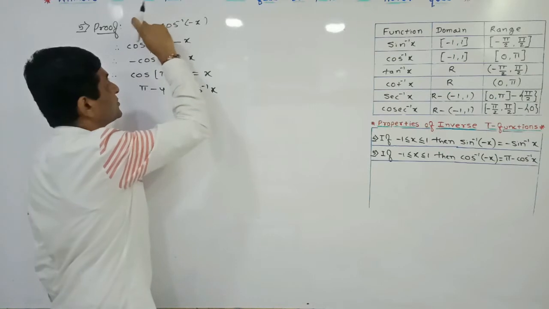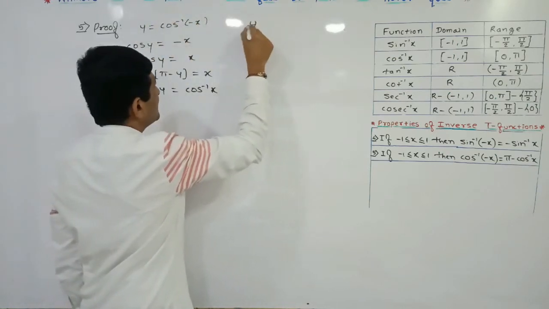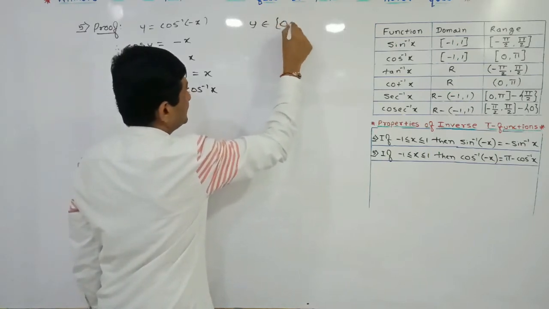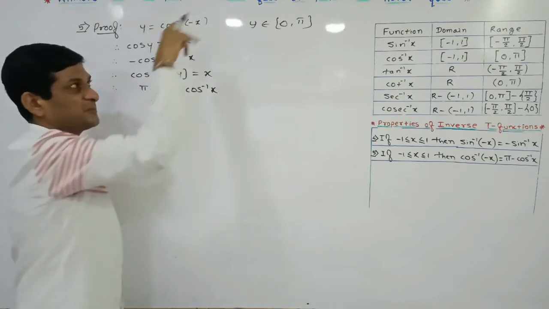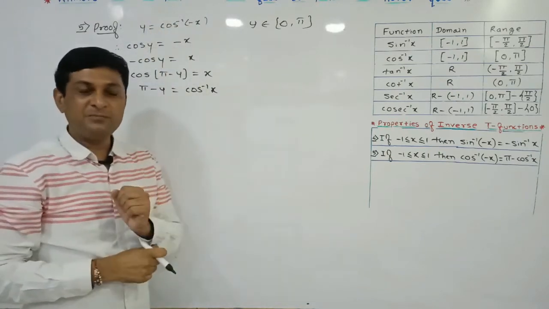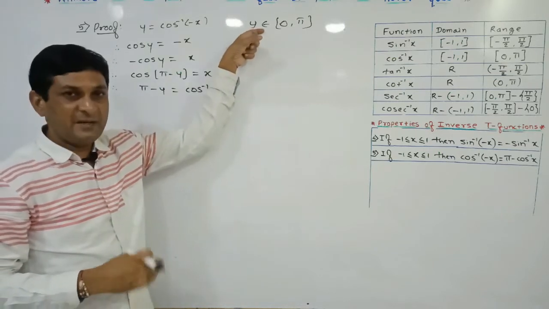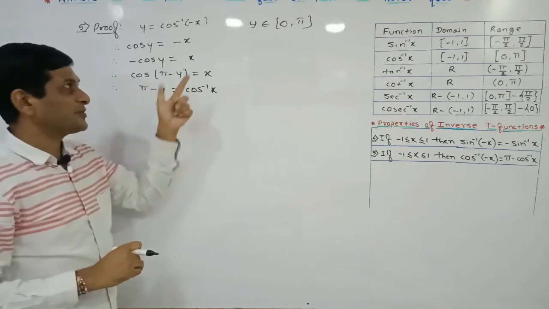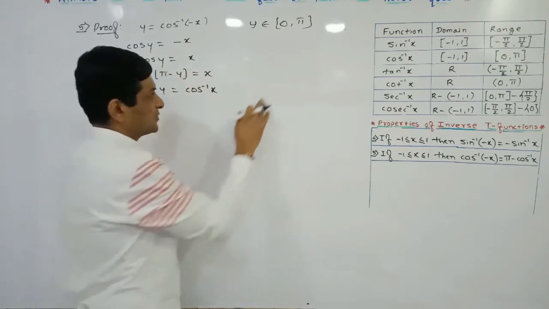According to our supposition, y is a value of cos inverse, which implies that y belongs to the interval 0 to pi. Now this condition is available with us, using which we have to check whether pi minus y belongs to the interval 0 to pi or not.